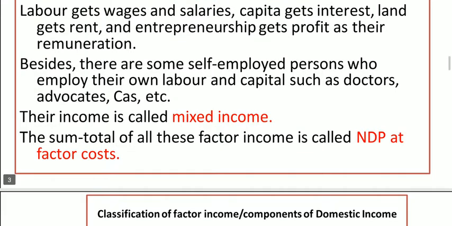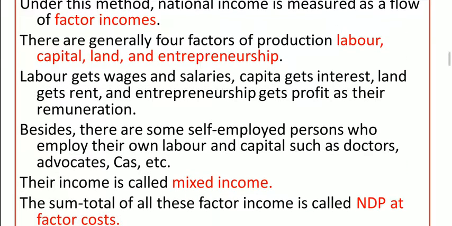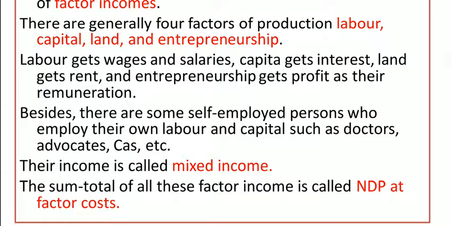Okay, the sum total of all these factor incomes is called NDP at factor cost. The sum total means here the mixed income plus wages and salary of labor, interest of capital, rent of land, profit of entrepreneurship.